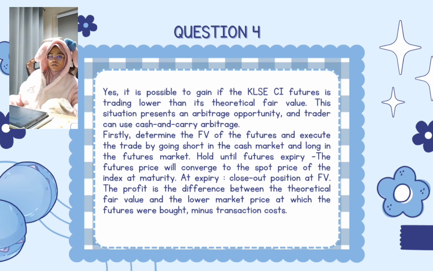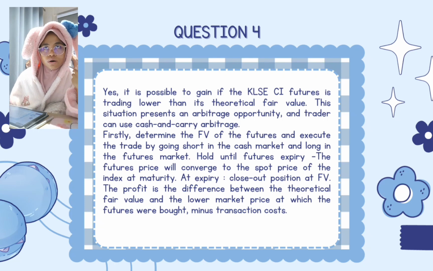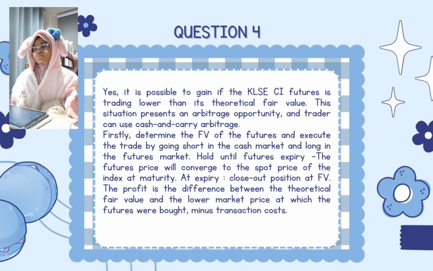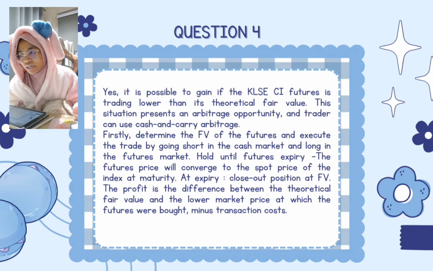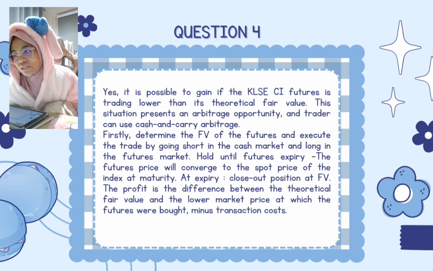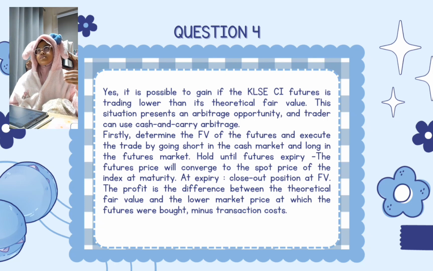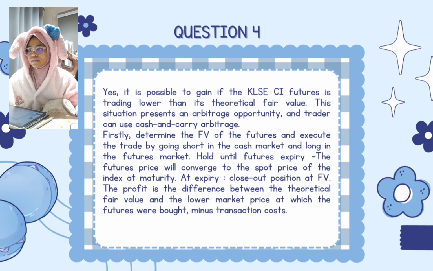Usually, reverse cash and carry is when you buy the cash market and short the futures market. For the normal cash and carry, you sell the cash market and long the futures market.